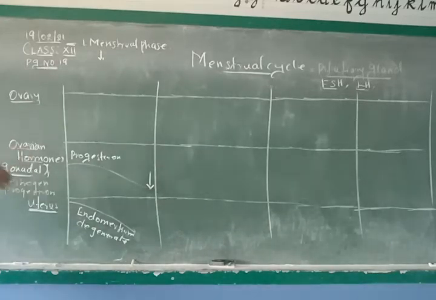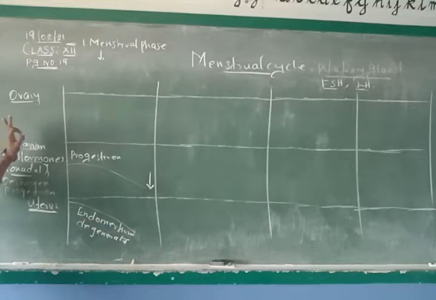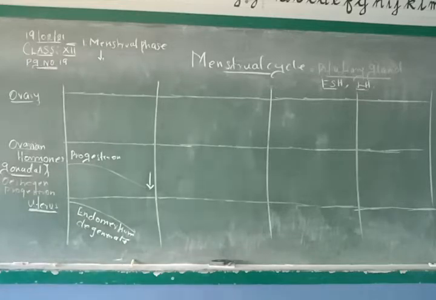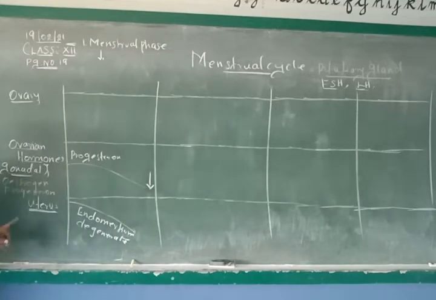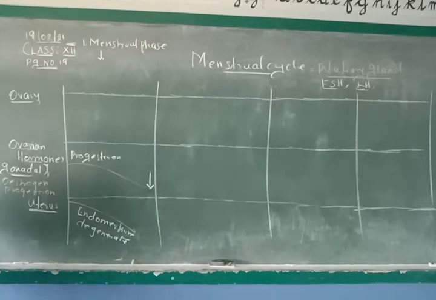So it is clear that whenever progesterone is there, the endometrium will be there in the uterus. Whenever the level of progesterone decreases, the endometrium degenerates. Understand? So during the menstrual cycle, the change in the uterus is degeneration of the endometrium, and progesterone decreases.